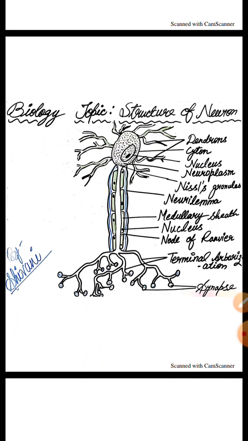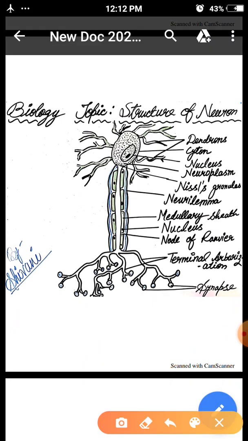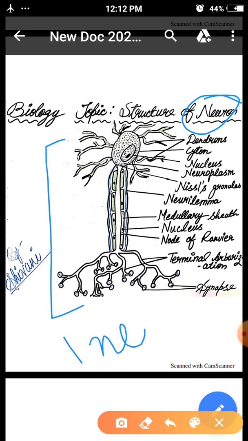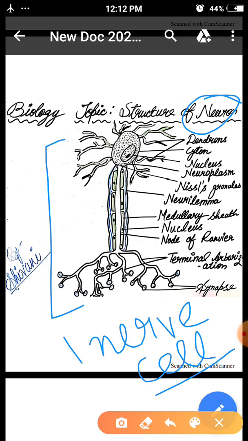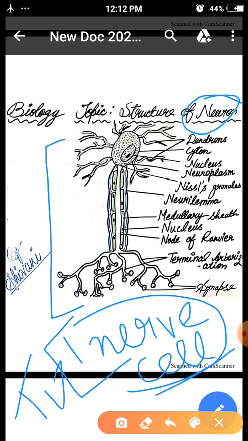Now see, it is the diagram of the neuron. This is one nerve cell. These types of millions and trillions of nerve cells get united to form nervous tissue.